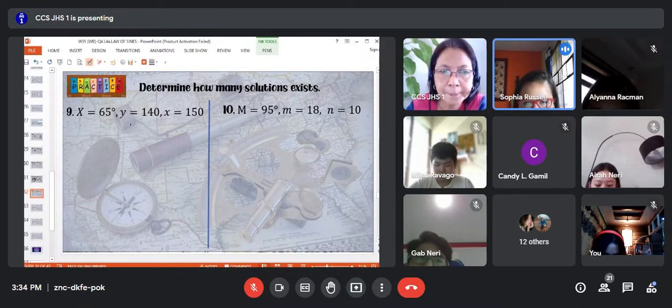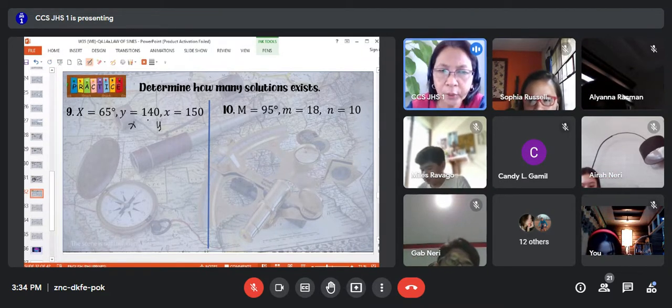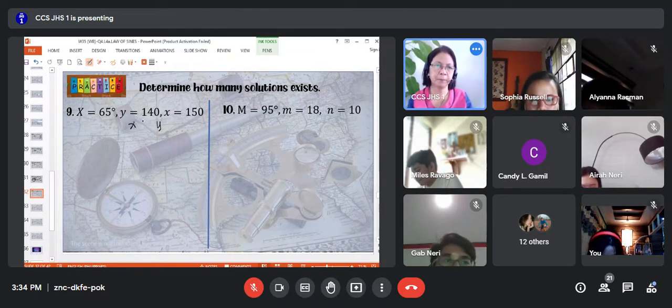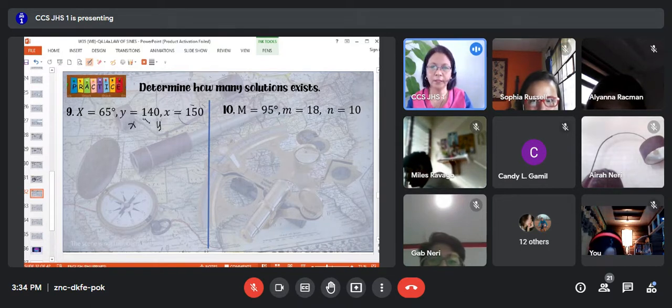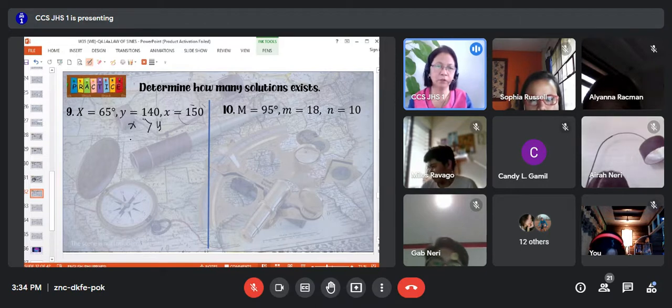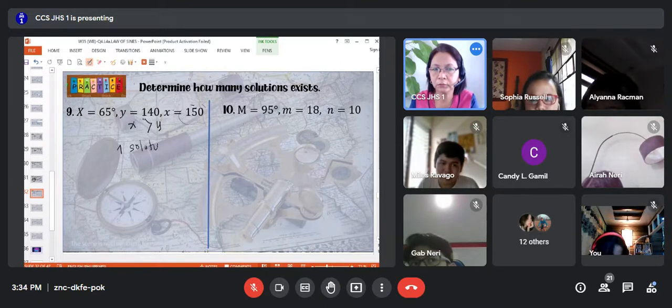X compared to Y, Sir. Okay, X compared to Y. What is our symbol here? Lesser than or greater than? X is greater than. Okay, are we going to solve for H? No need. So therefore, how many solutions? One solution.